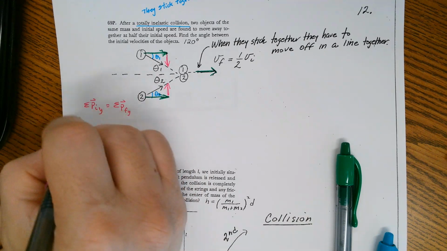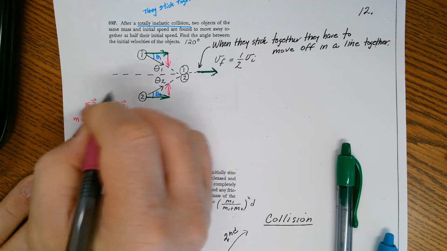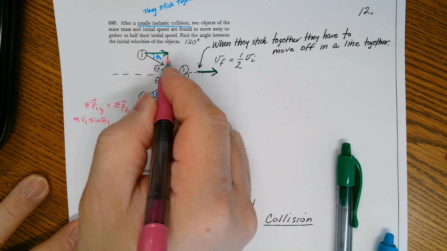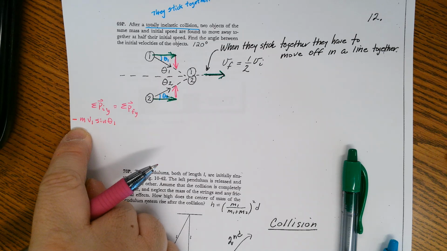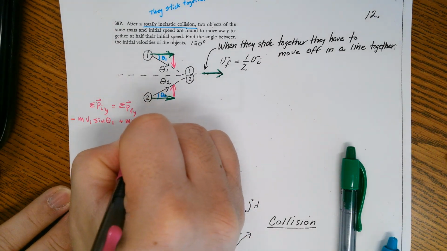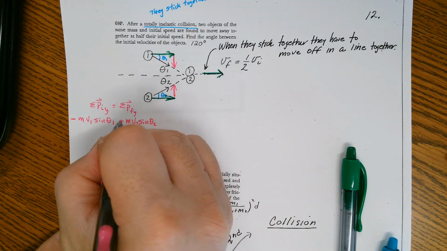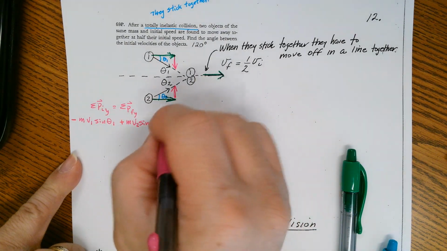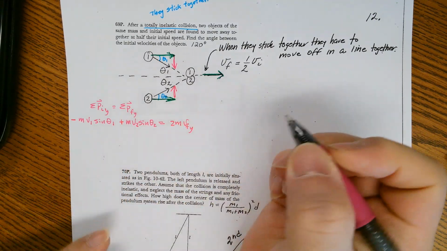So initially, I have m times v1 sine of theta 1, but this one is in the negative direction, plus m times v2 times sine of theta 2, and this is in the positive direction, so I can leave that alone, must equal the final momentum, which is 2m times v final y.